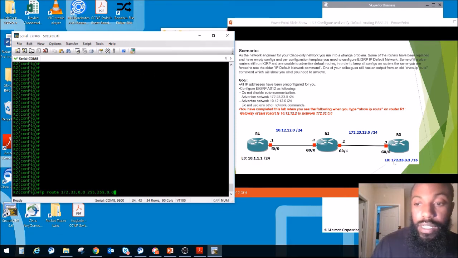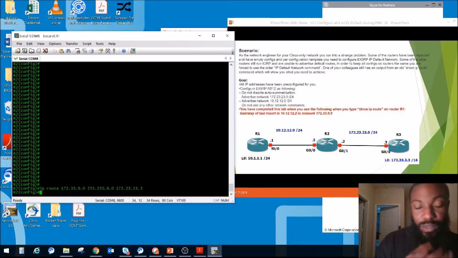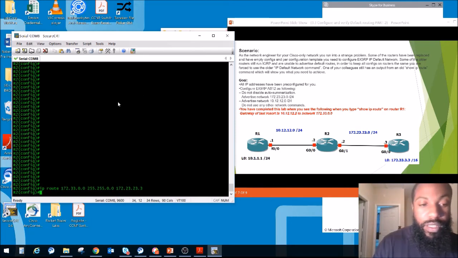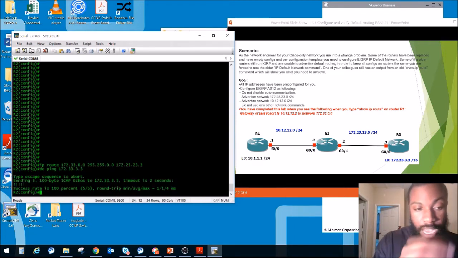That's the network that this loopback is in, that's the subnet mask. We take this interface, which is 172.23.23.3, and we created a static route to this. Now let's see if we can ping that loopback address, 33.3.3.3. And now we can.